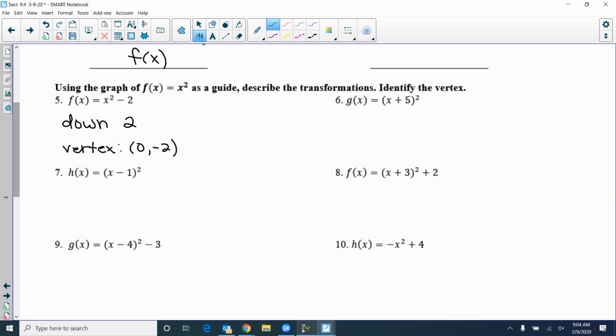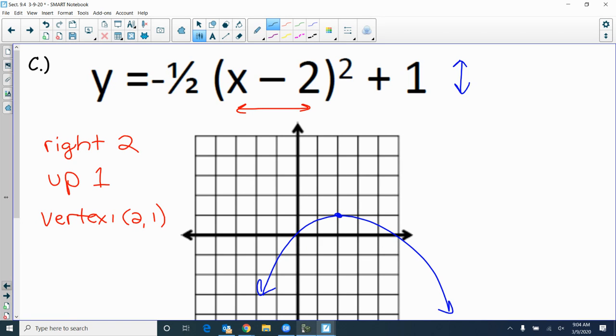All right, what's happening on this one? I don't know. Parentheses, if you have them, that moves it left and right. Any numbers after it move it up or down.